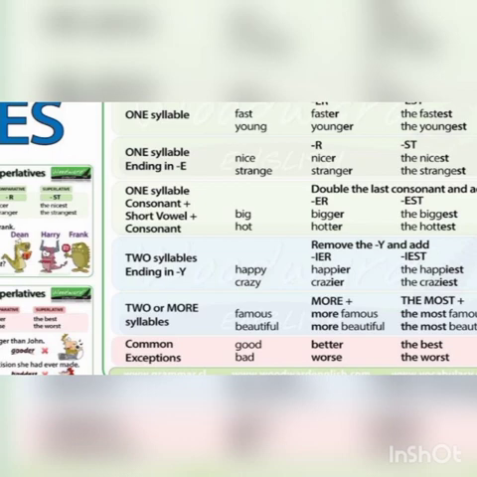And with superlative, of course, we have to add the suffix est to form superlative forms, the happiest and the craziest. What about those adjectives with two or more syllables, like for example, famous? We use the word more, and in superlative we use the most. The most famous, the most beautiful, the most intelligent, etc.